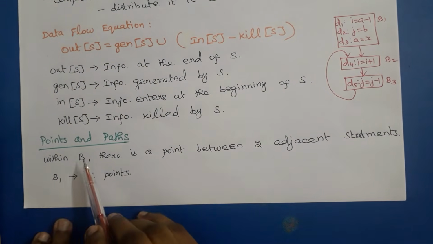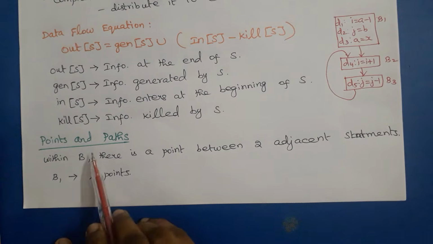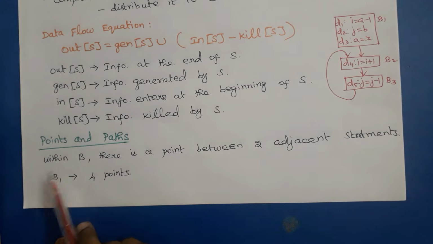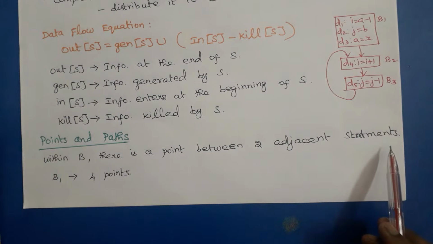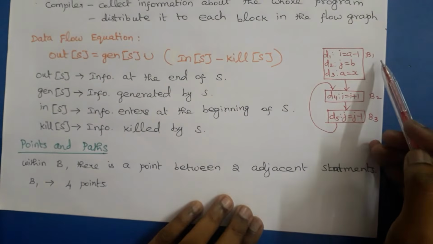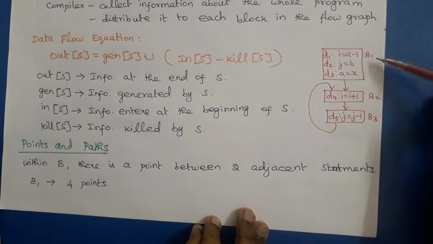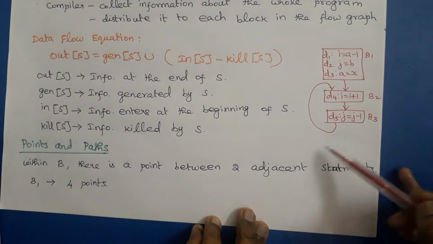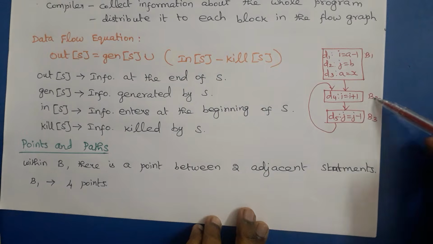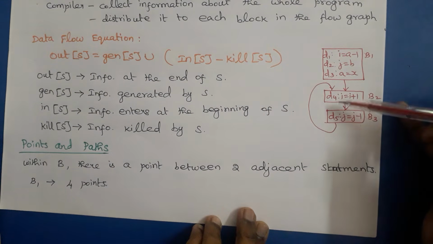Then we should know about the two terms, points and paths. Within a basic block B, there is a point between two adjacent statements. Consider this flow graph. It has three basic blocks B1, B2, B3, and there is a loop: from B2 to B3, and then from B3 again to B2.